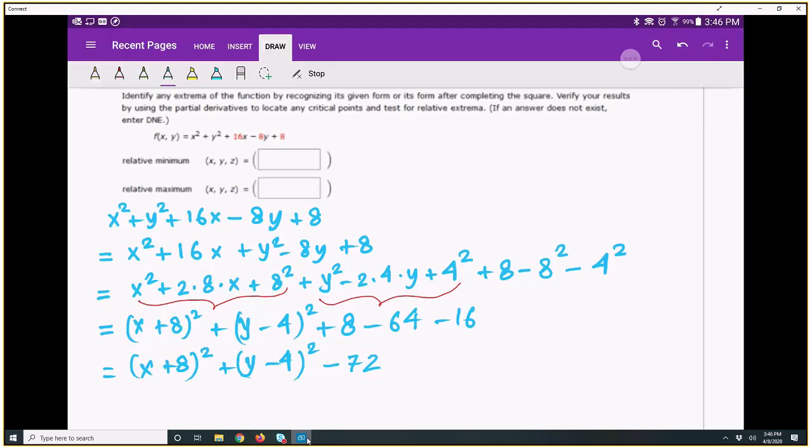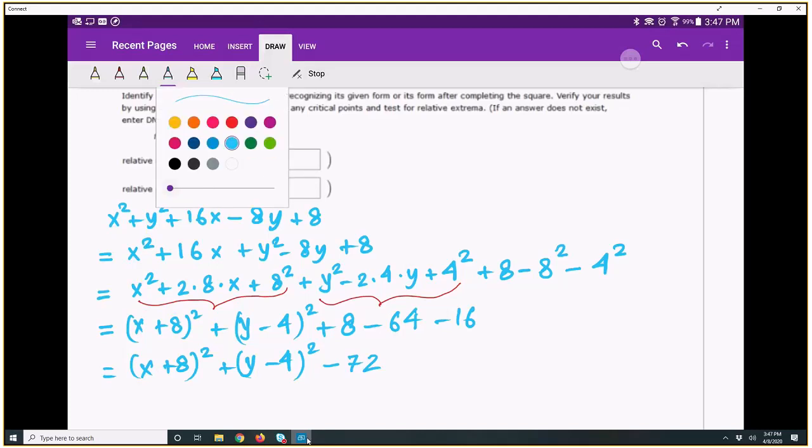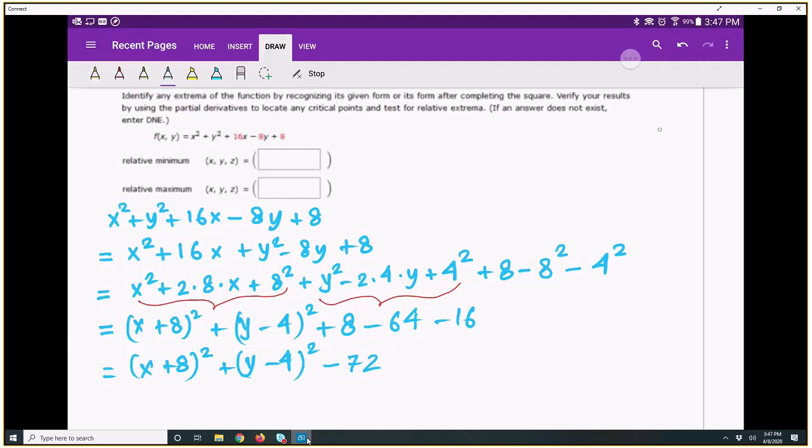Now think about this shape. This represents a circular region of radius square root of 72 units and centered at negative 8, 4. So I'm going to try to draw this and understand the extremum from there. As I said, think about the Cartesian coordinate system.